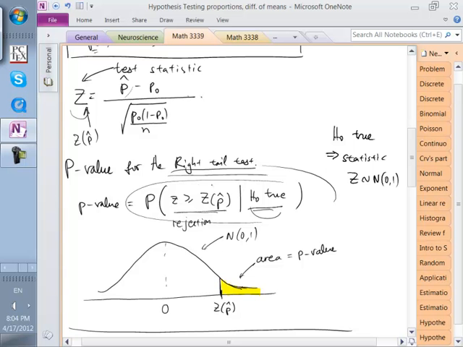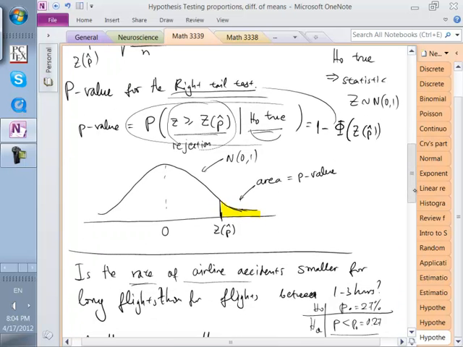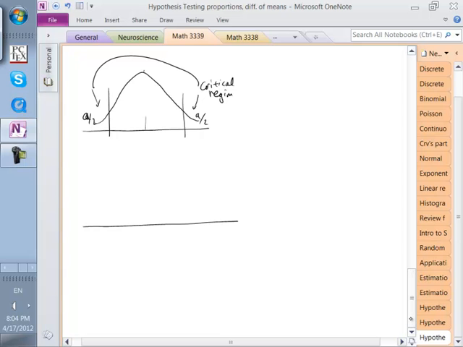So when I ask to find the probability that this happens, this is equal to 1 minus phi, where phi is the CDF, the cumulative distribution function of the standard normal distribution, for z of p hat. So that would be the right p-value. Similarly, we define the left p-value if we need to do a left tail test.